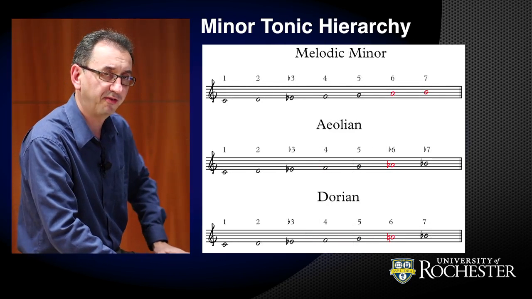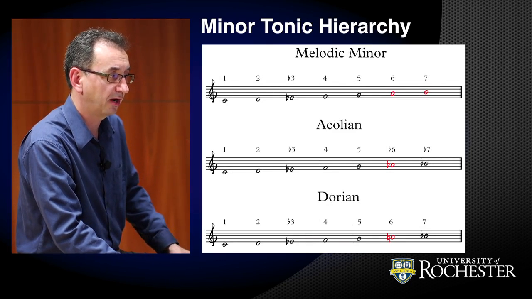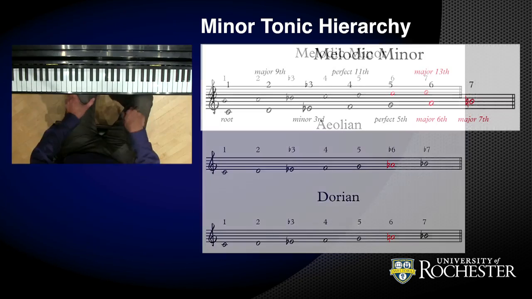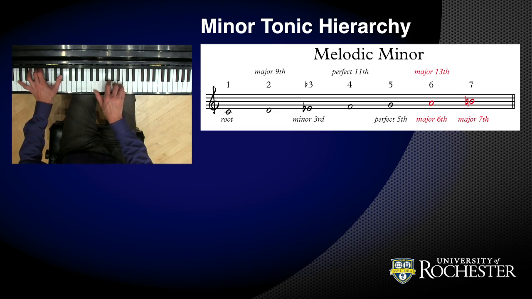Okay? The next family that I would like to discuss now is minor tonic family. There are 3 modes from the minor tonic family. Melodic minor, with the beauty marks on natural 6 and the leading tone, and that's the sound of the melodic minor.